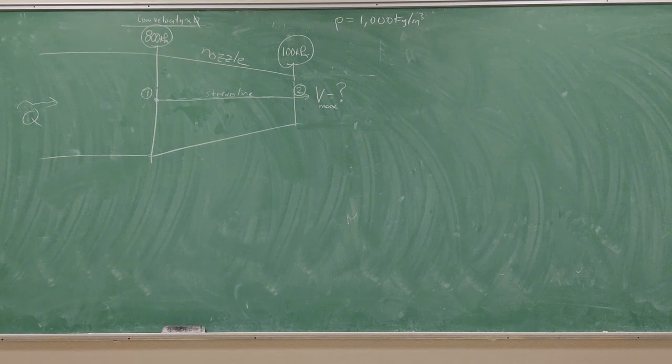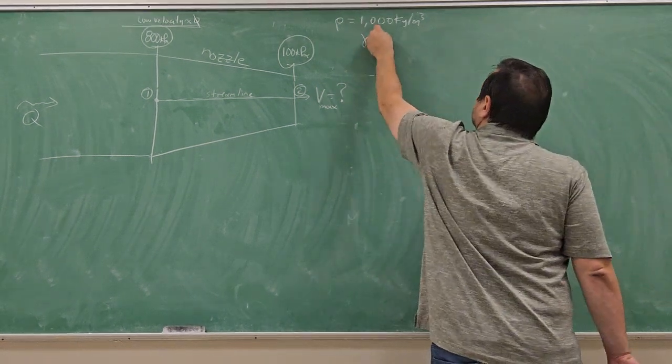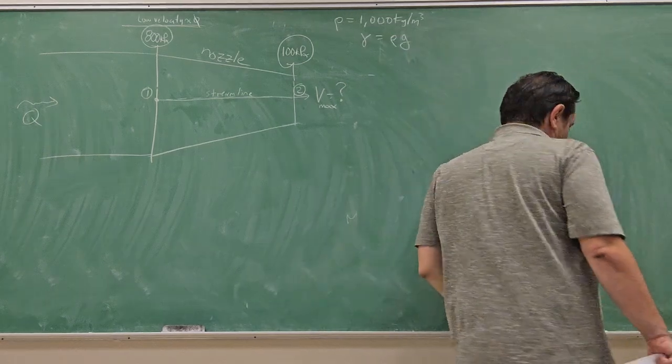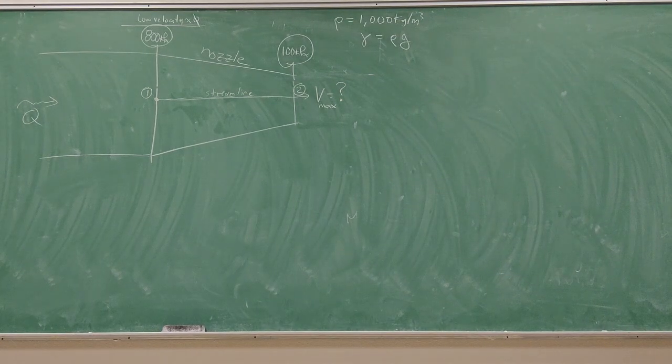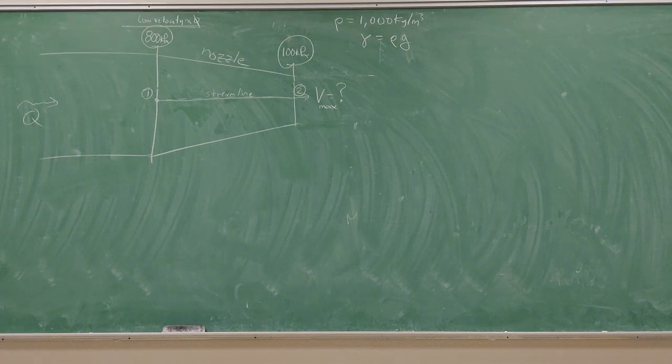If V1 is equal to what? Again, very nice. Gamma equals rho times G, so what I will do is substitute gamma with rho times G, and then the rho is 1,000, and then the G is 9.81.